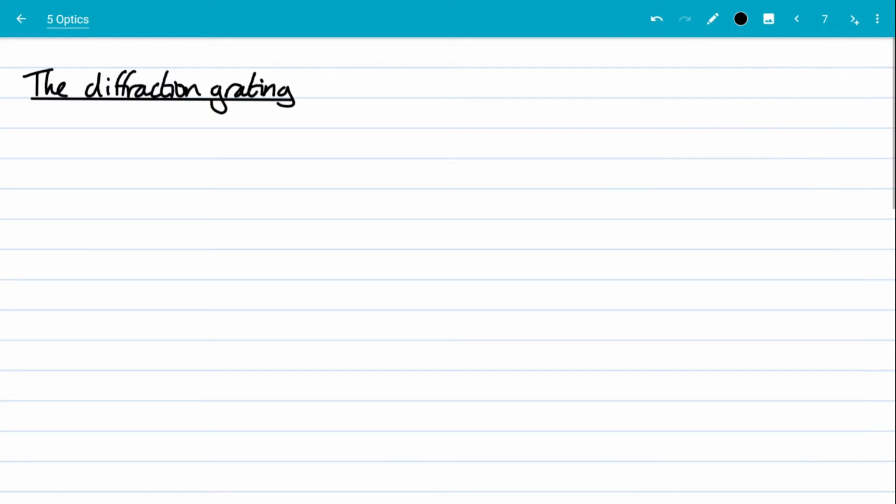I'm just going to choose the pen. Lots of slits that are close together. And usually what we are told is how many slits there are per millimeter.